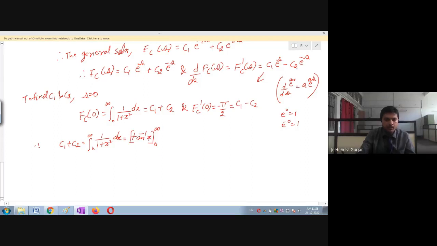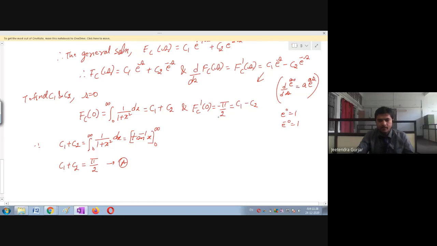Can anybody tell me what is tan inverse infinity? Tan 90 degrees is infinity, and tan 0 is 0. So therefore tan inverse infinity is 90 degrees, which I can write as pi by 2. So therefore C1 plus C2 is equal to pi by 2. I will keep this as equation A.